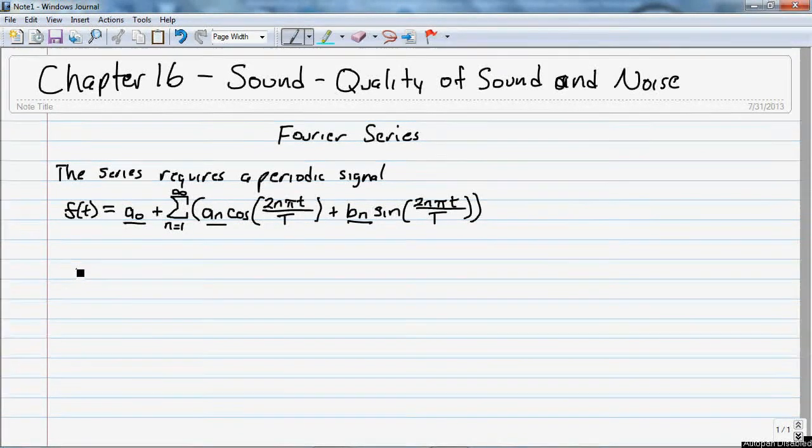To calculate a naught, we use the formula 1 over the period times the integral from 0 to the period of f of x dx. And notice that this is just the average of the function.